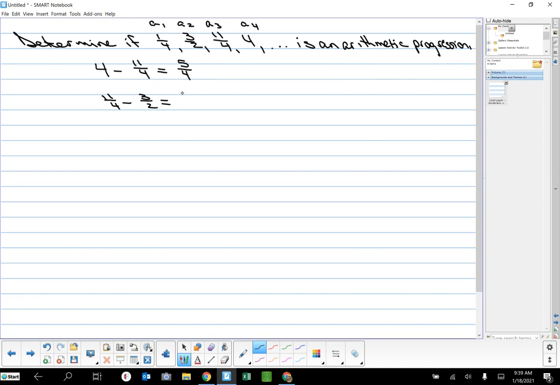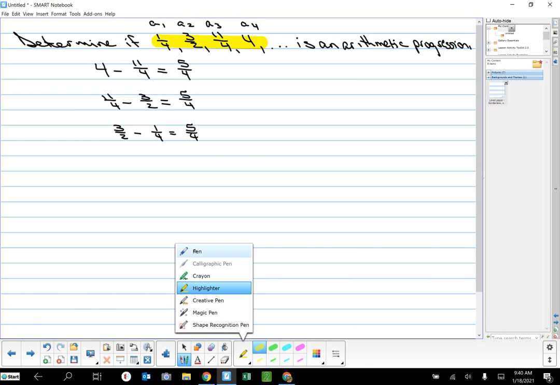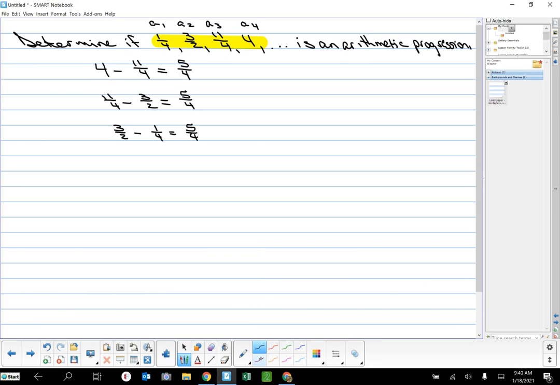And guess what happens? You get 5/4. And then I'm going to take a sub 2 and subtract off a sub 1. Again, guess what happens? You get 5/4. So, while this certainly does not look like any kind of sequence that you've ever seen that looks like an arithmetic progression.